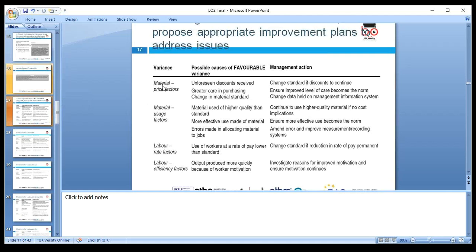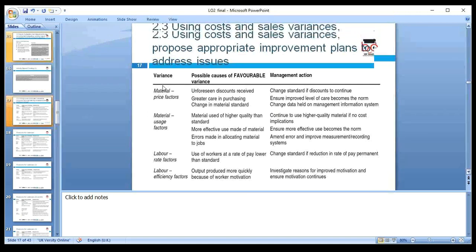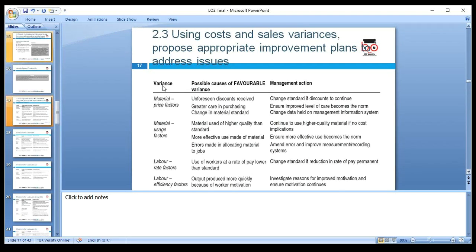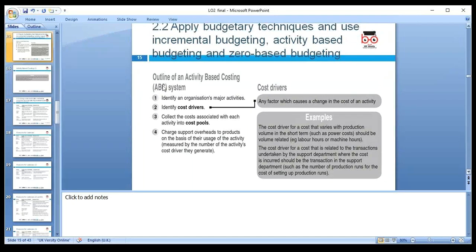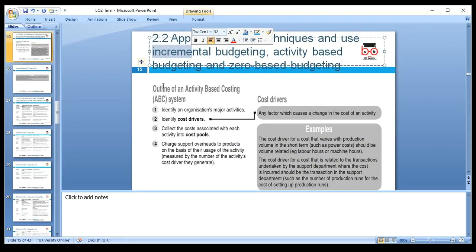Okay, next we have using the cost and sales variance. Again, the variance is the difference between budgeted and actual activity. Previously we discussed activity based. Incremental means an increase: the production going up, so cost going up, like we've seen in 2.1.